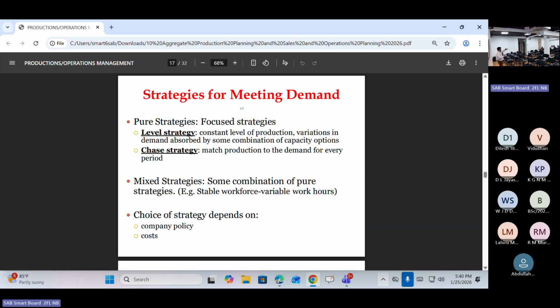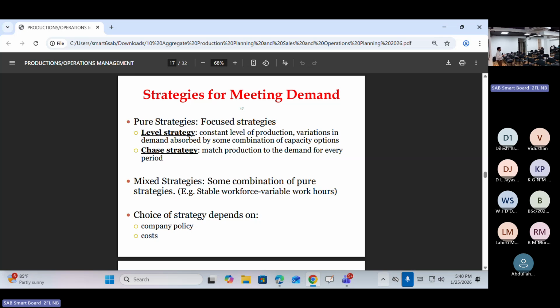Level strategy with a constant production rate and chase strategy with changing production rates to match the market demand. I will give you more detail. In addition to that, there can be mixed strategies also. That is a way to combine a few strategies, like stable workflows plus variable work hours, and accordingly decide the production plan.